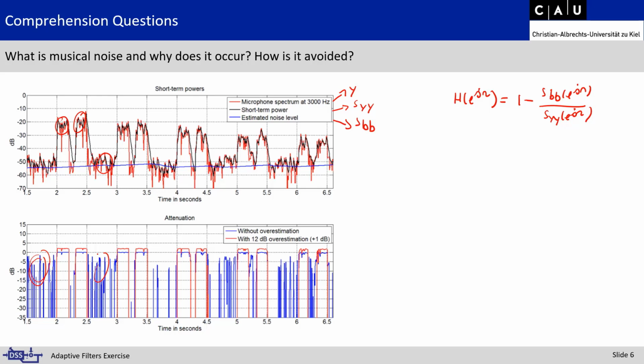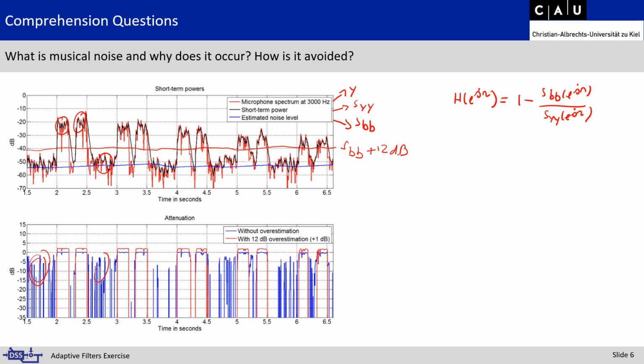And let's imagine a case where our SBB estimator is not working properly and produces an offset of, let's say, 12 dB. Then this would be the estimate we get. So this is then SBB plus 12 dB.